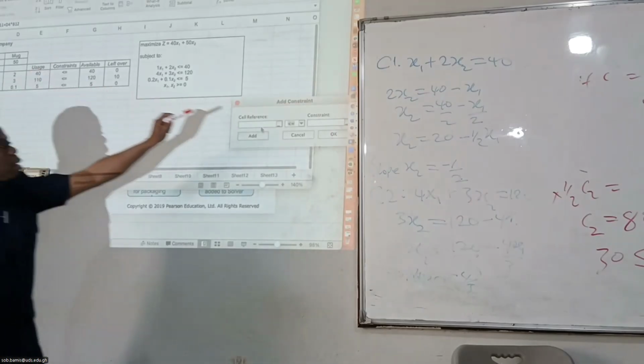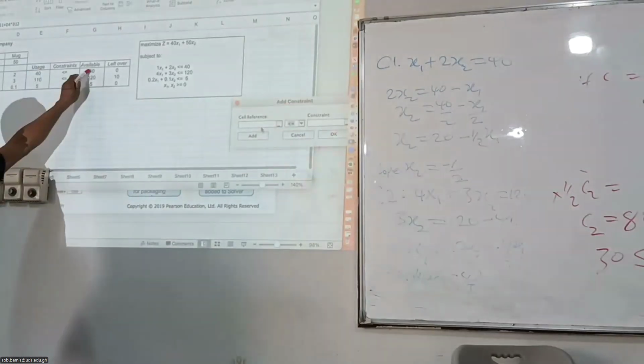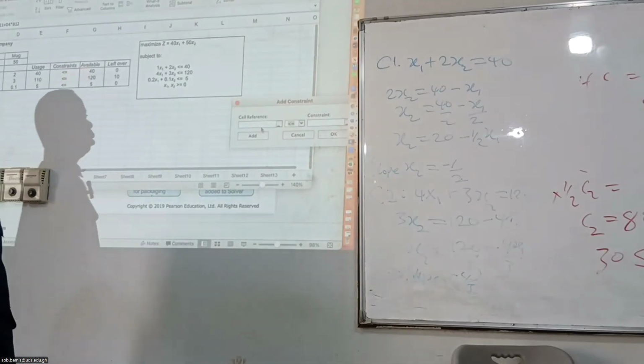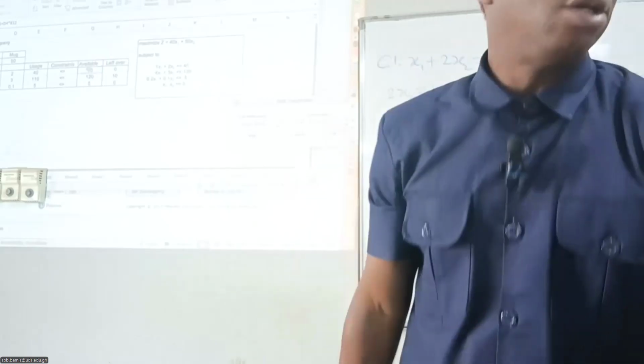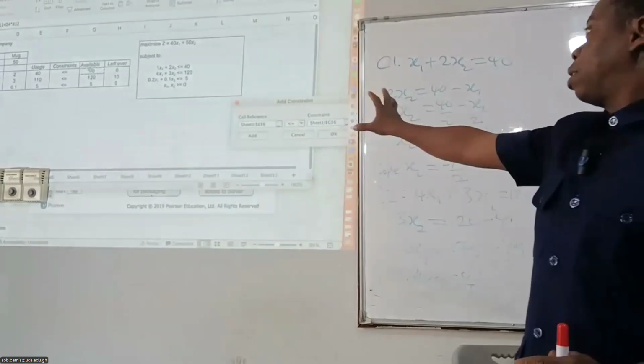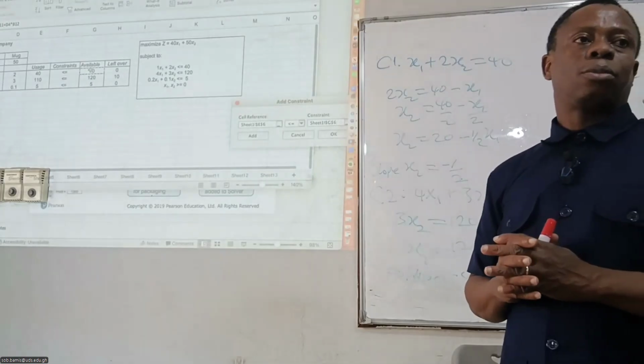And then over here, I select this cell. So I have to click in the cell reference. So I click on this. Then I come to the right-hand side. I click on where the 40 is. So that is the first constraint.